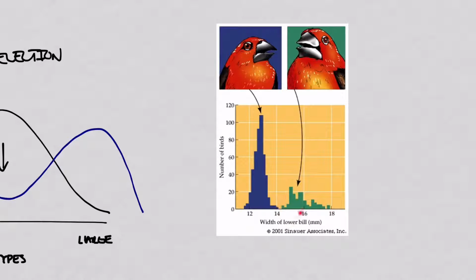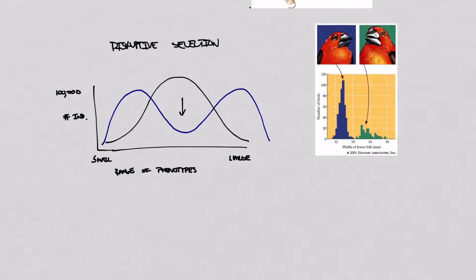And the larger width bill is better for cracking nuts. So the individuals with the intermediate phenotype are not very good at either of these two food gathering strategies, and so they get selected against. However, the individuals with the small or with the large are better, and so we see these two distinct populations start to emerge. Okay, and that is an example, again, of disruptive selection.